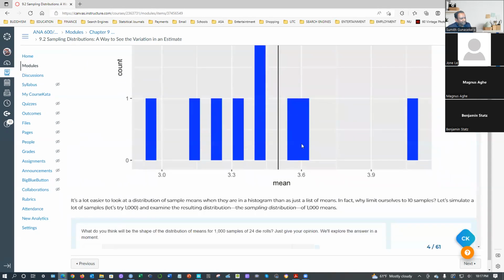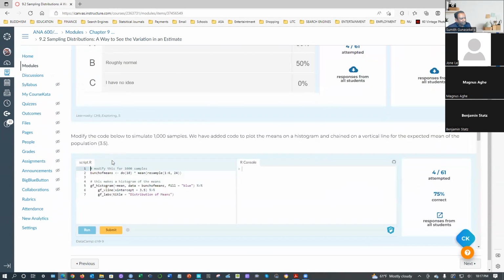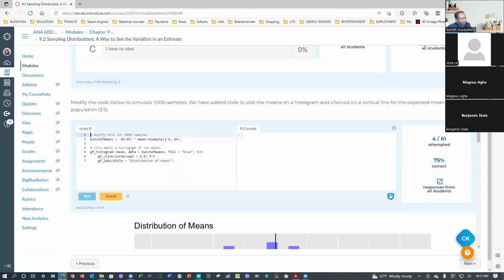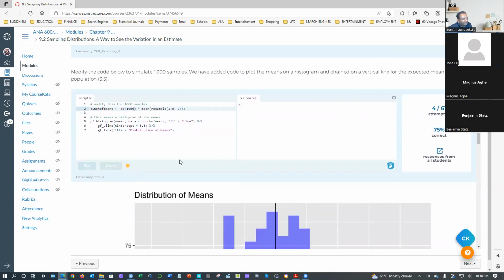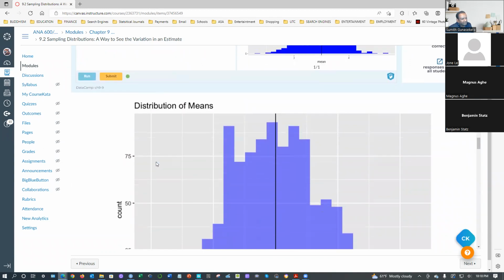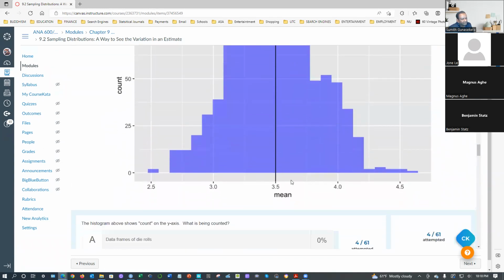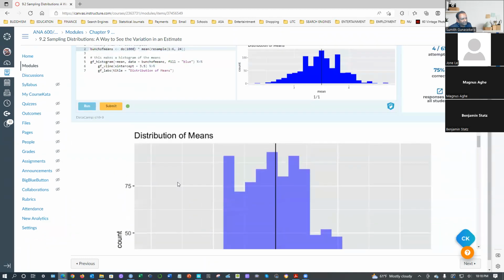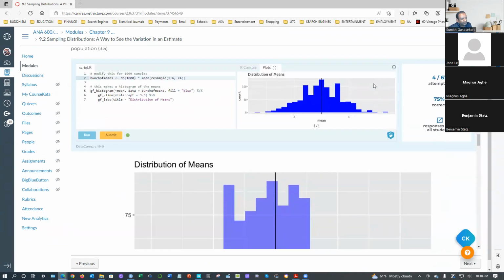If you do this for 1,000 times, and then draw the histogram with the mean, the data bunch of means, and the vertical line. Look at it. That's it. It's the distribution of means, or the sampling distribution of means.